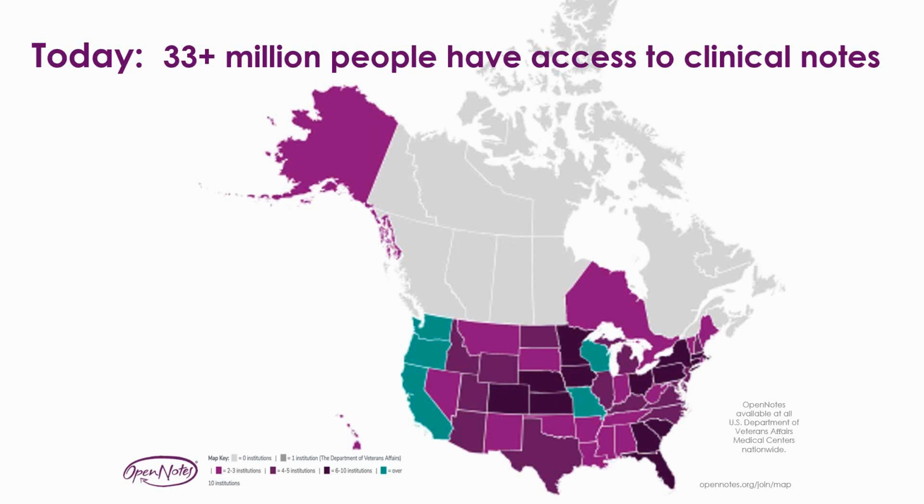And you'll see the teal green states, the whole West Coast, and I am so bad at my US geography, I can't remember which states, Wisconsin, and I'm missing the other state. But those are the states that have more than 10 institutions doing open notes. So where there's the most, and those are also states where we have consortium type groups where we have a really targeted effort to spread open notes.